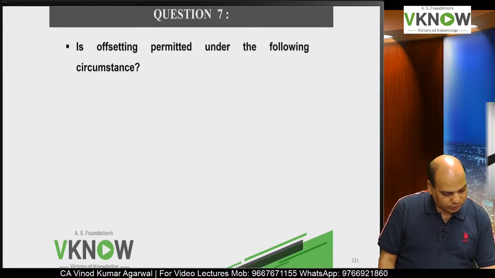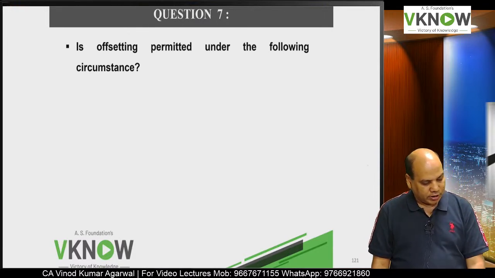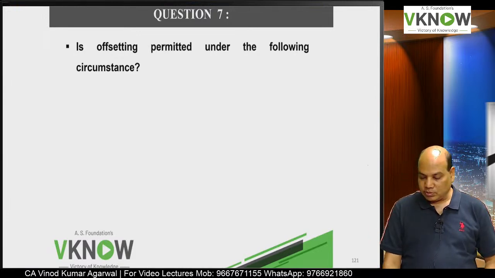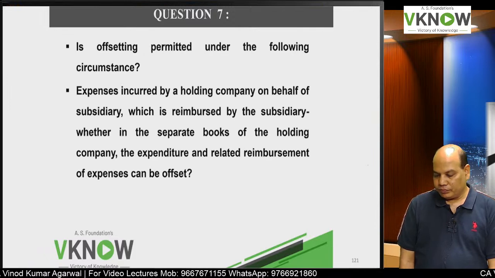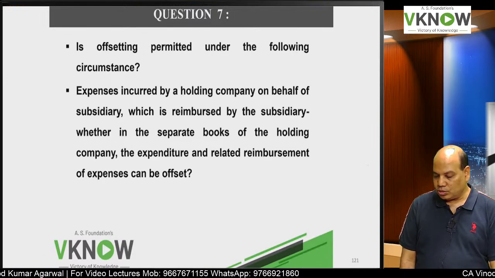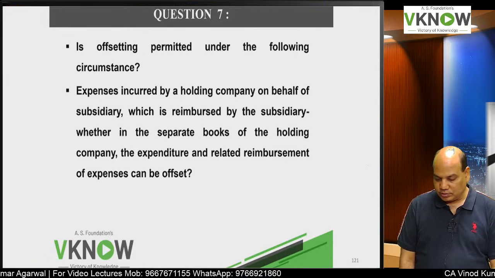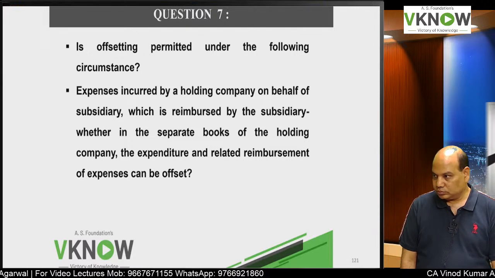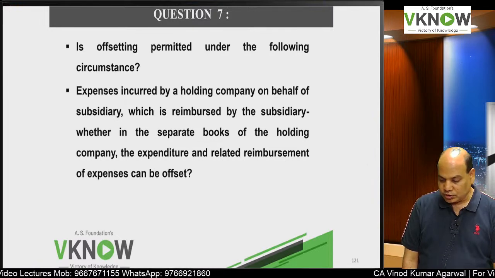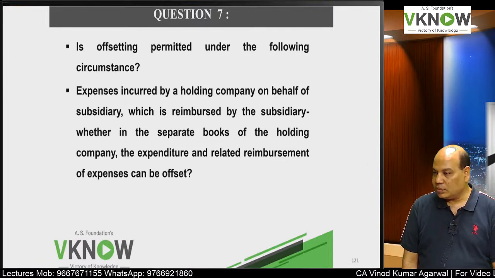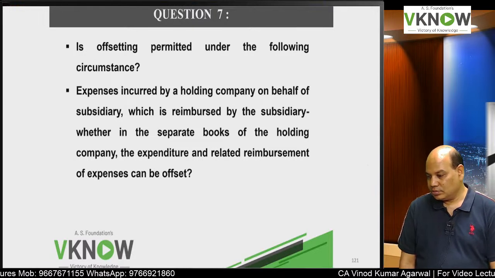One more question I will discuss, answer is printed. Is offsetting permitted under the following circumstances? Expense incurred by a holding company on behalf of a subsidiary, question 7, which is reimbursed by the subsidiary.